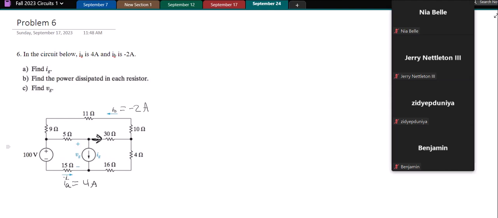So I'm going to define one going to the right and one going to the left. So I'll have I1 and I2. So KCL tells me that, notice the way I happen to draw them, they're all going out, so that I1 plus I2 plus IG has to equal 0.